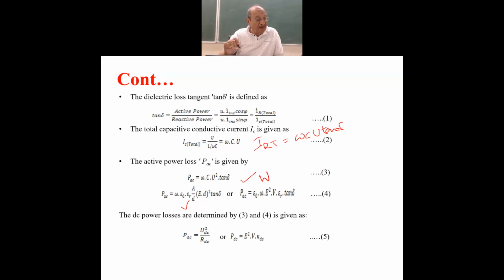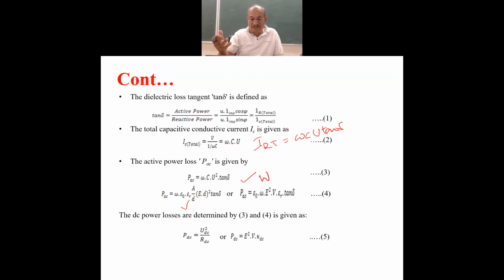So when you write this equation in terms of the volume of the dielectric, what do we conclude here? The active power loss in the dielectric is proportional to the volume of the dielectric. The more the volume of the dielectric, the more the active power loss in the dielectric.